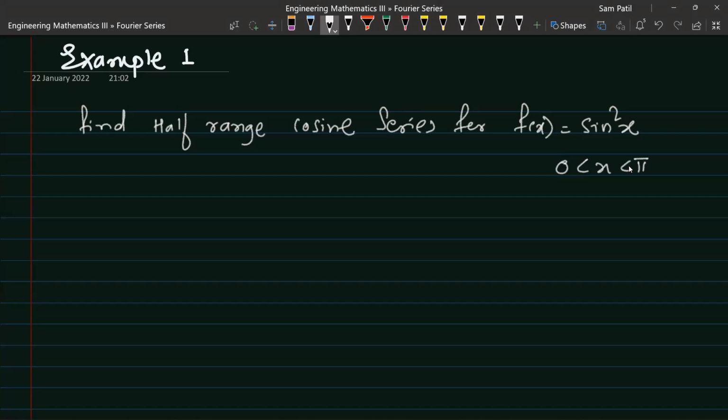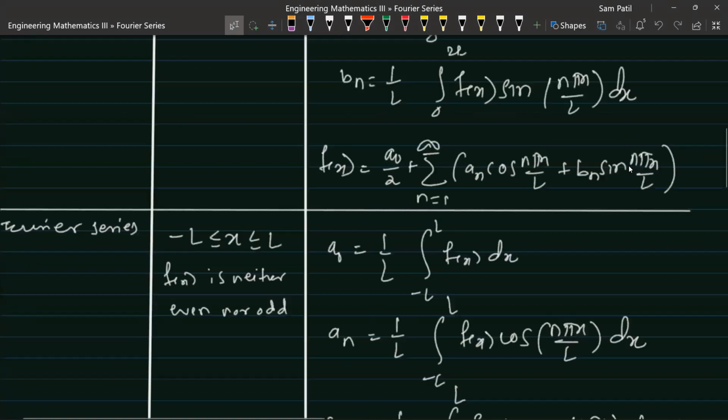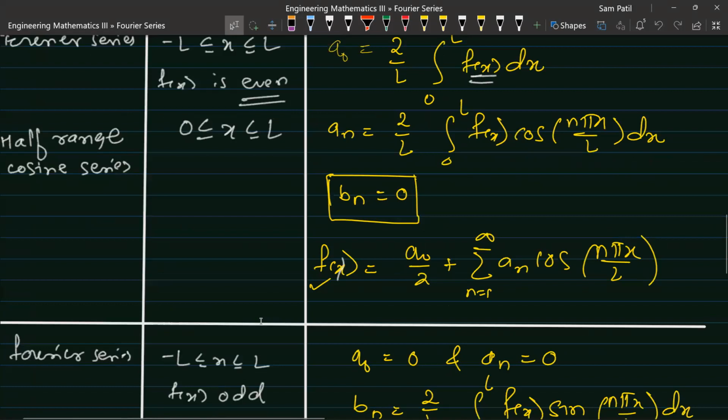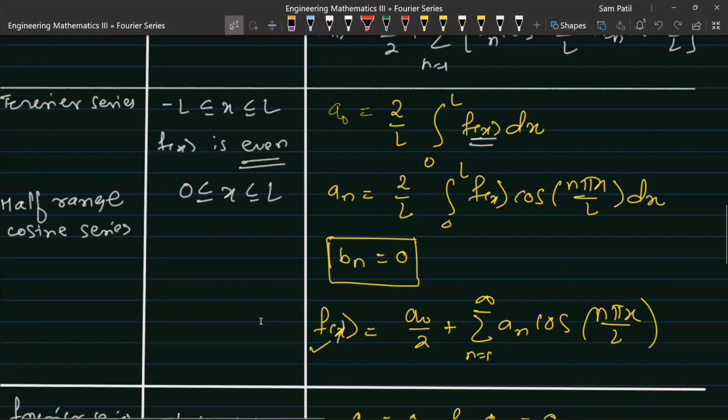Now let us come to the table with the half range Fourier cosine series. What is my interval? It is 0 to pi; 0 to L is given in the example. So what is the value of L? L is nothing but pi, so we have to replace L with pi.